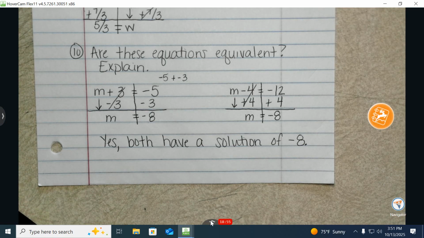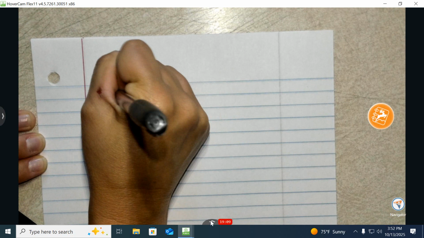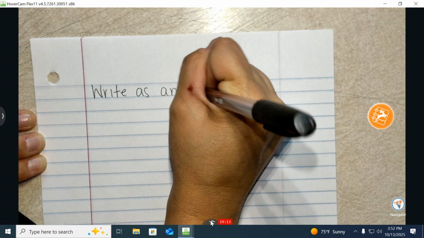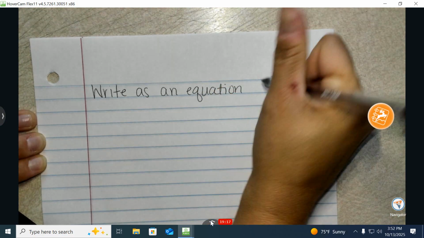Okay, I'm going on to the next page. Remember, you can pause it at any time if I'm going too fast for you. Okay, so our directions for this next part is write as an equation, then solve.